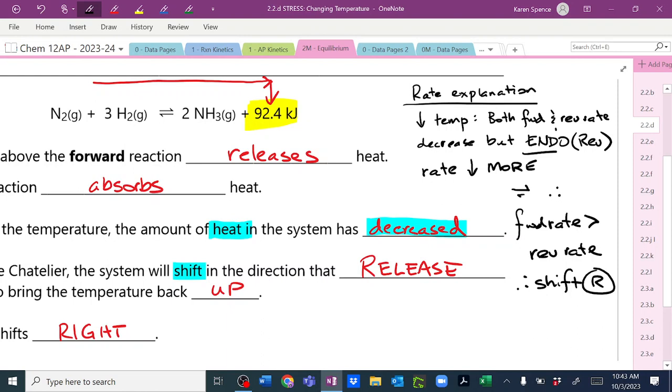Now, I would like to have a quiz on properties of equilibrium, dynamic equilibrium, macroscopic properties, and so on, either Thursday or Friday this week. It's up to you guys whether you want it Thursday or Friday. Chat for 1 minute.